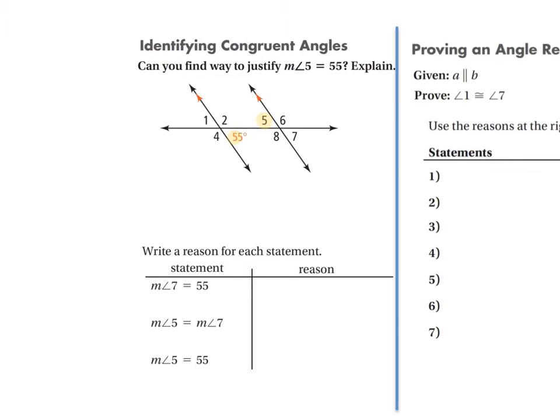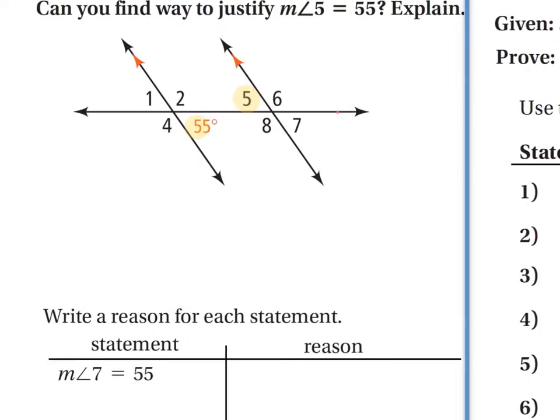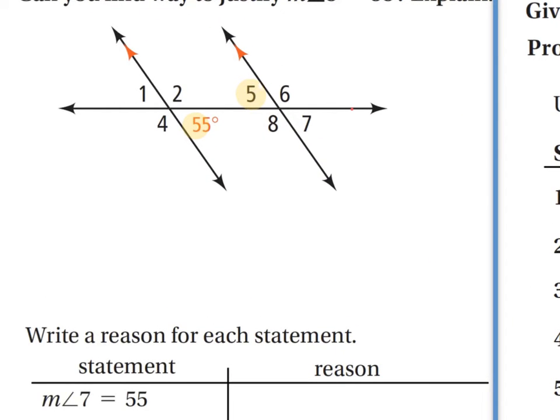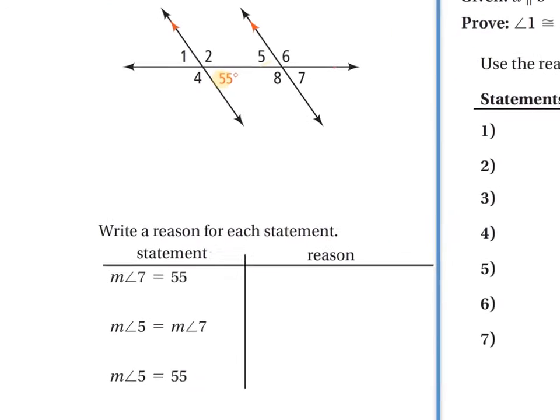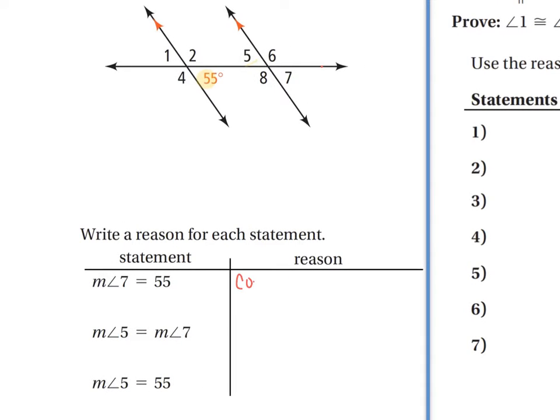We're going to fill out the right side of this little proof, and it says that the measure of angle 7 equals 55. Look at that 55-degree angle and the angle 7. What is the relationship between those two? Well, they are corresponding. So that would be the corresponding angles postulate.